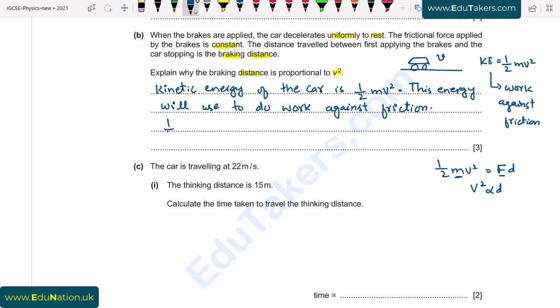And half mv square is equal to F times d. So here mass and force are constant. That's why we can say that the stopping distance is directly proportional to the square of speed, that is v square.